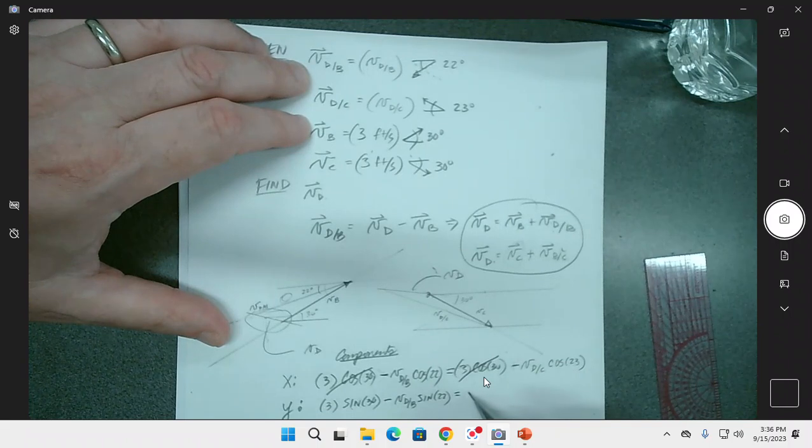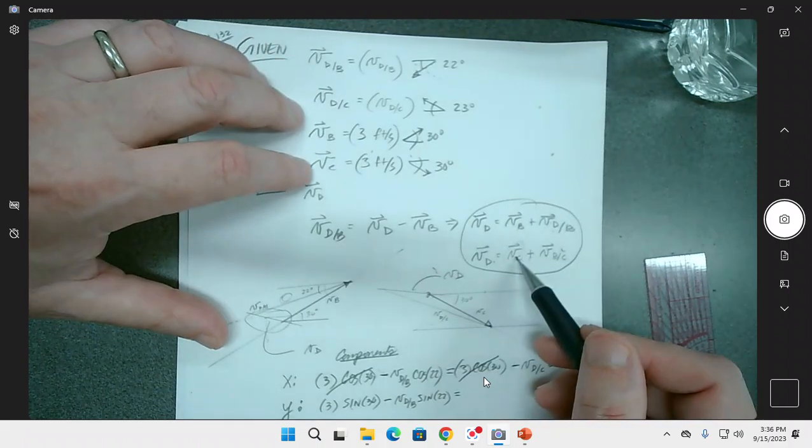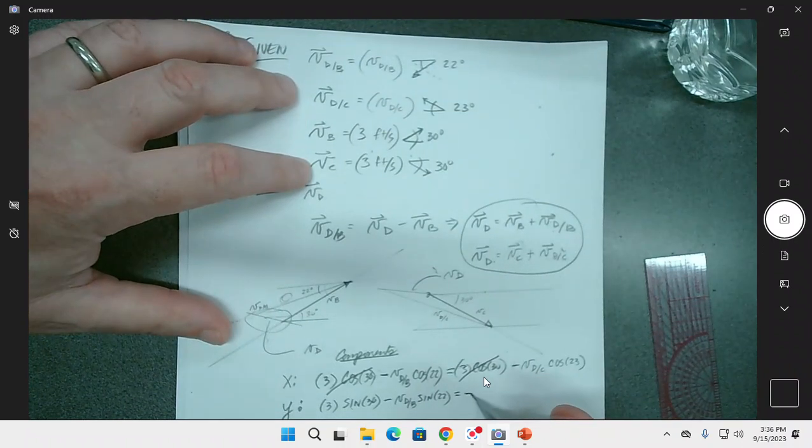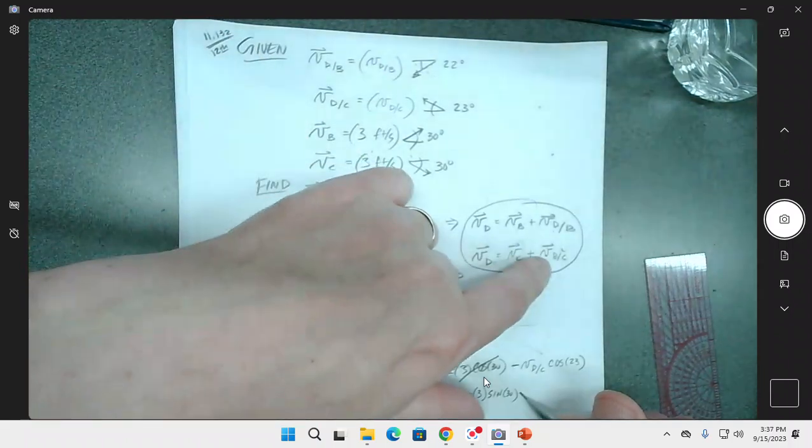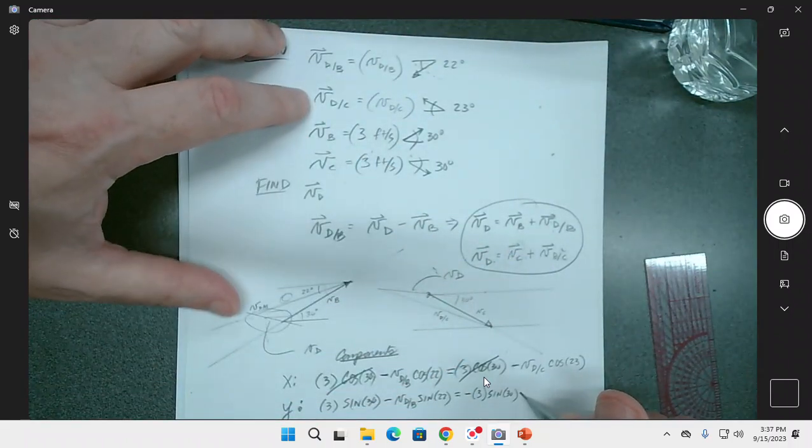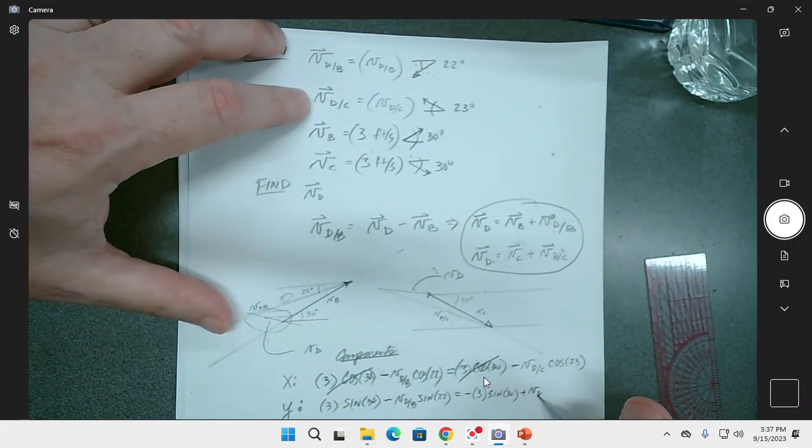We're going to have VC, my brain's not working, minus 3 times the sine of 30. Okay, so good, that's going to add with that one, right? And then VD with respect to C, it's going to be plus VD with respect to C, sine of 23.